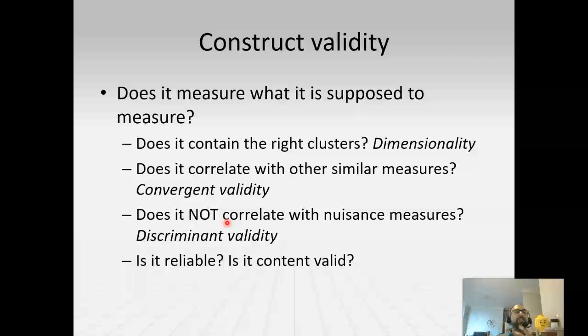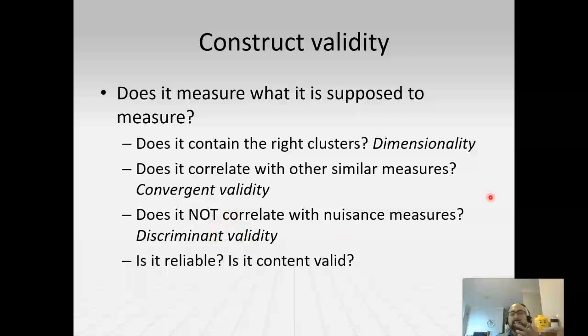Your measure should not be capturing nuisance constructs, but rather substantive constructs that actually matter for doing well on the job. So if your math test lacks discriminant validity, then people's scores on the math test will be contaminated by their level of test anxiety. You have a contaminated test.